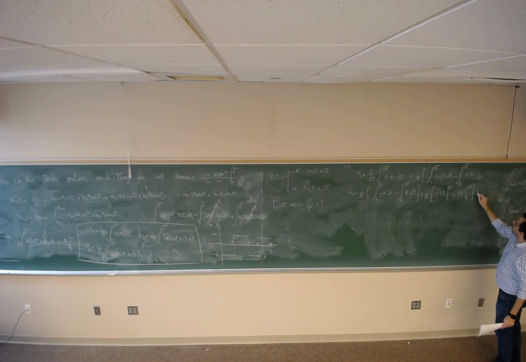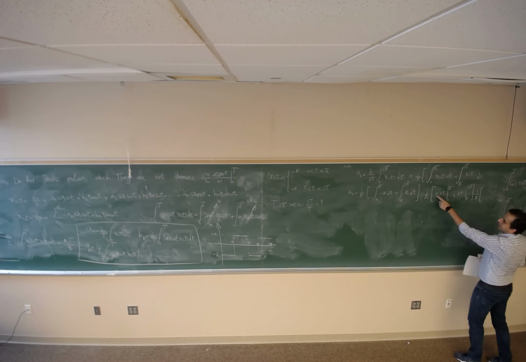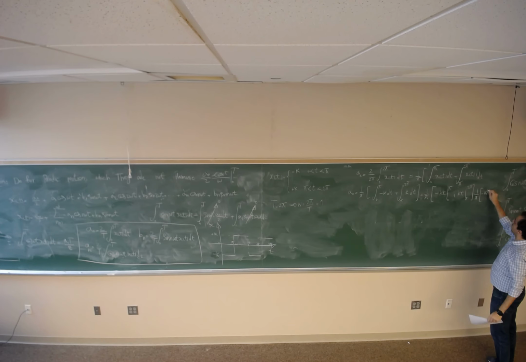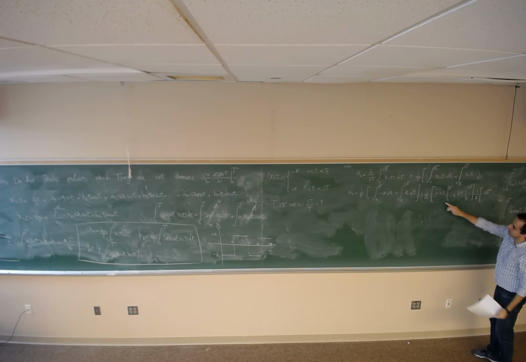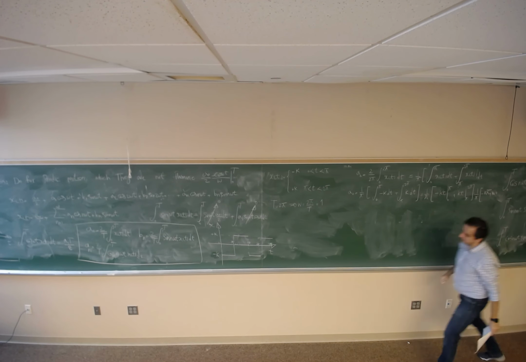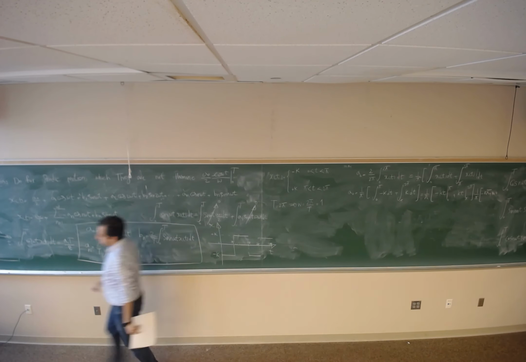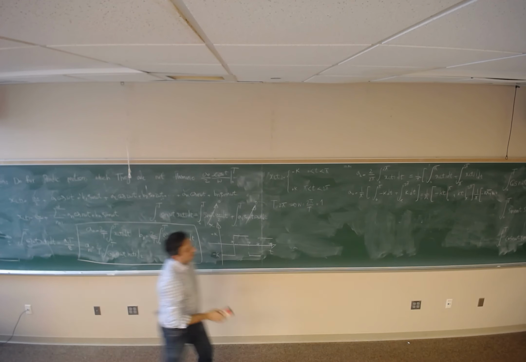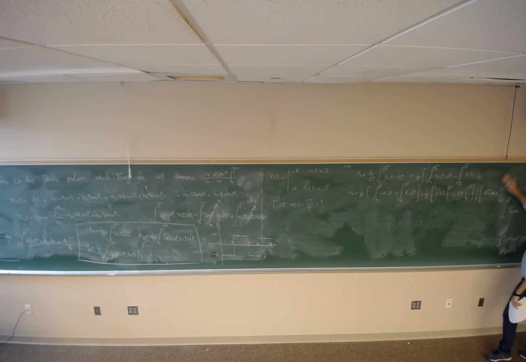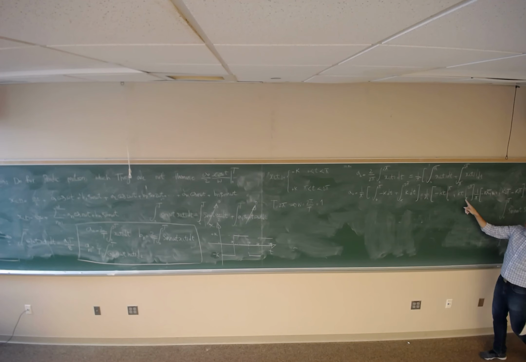So 1 over pi, negative k times pi, minus negative k times 0, plus positive k times 2 pi, minus positive k times pi.